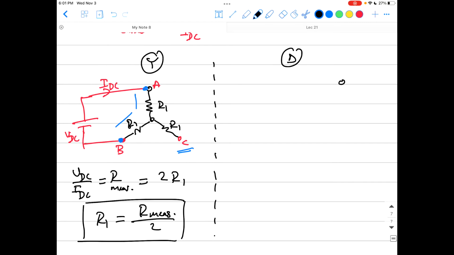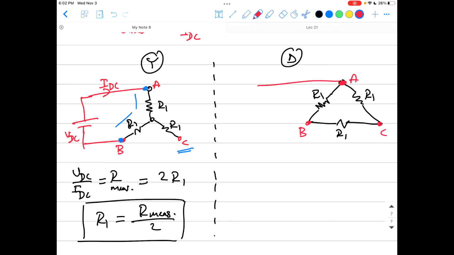But what about if it is delta connected? So it will have the resistances like this. That is R1, and that is another R1, and that is the third R1. Again, the terminals you have outside, that is A, that is B, and that is C. And you're connecting your source between A and B, so that is VDC, and the current going in here is IDC.